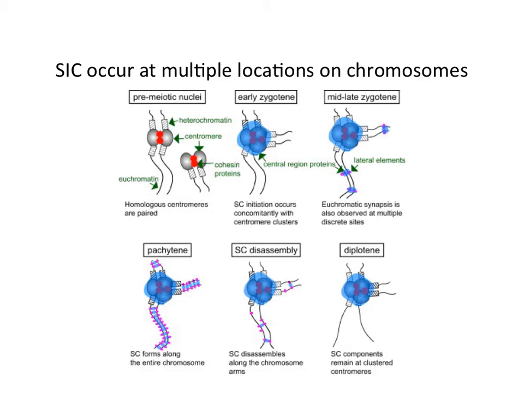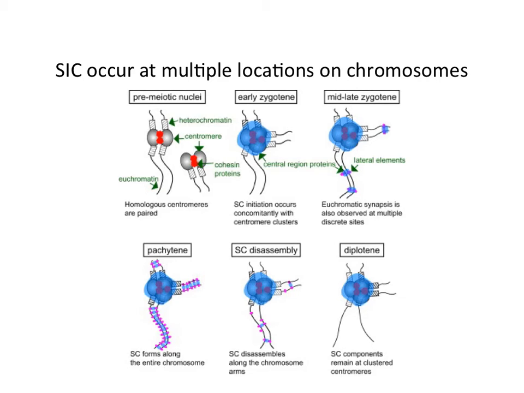So per chromosome, there are lots of synapsis initiation complexes. So in this figure, for example, you see two. There could be lots. So synapsis initiates along all of the chromosomes, much like yeast ARSs. There are lots of positions where replication starts.